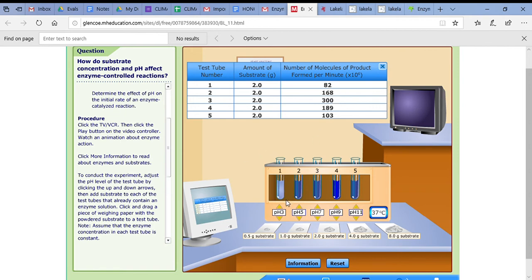So far, the trend has been the highest amount of product at pH 7, a little less as you go down, or much less as you go down the pH scale and up the pH scale. And ask yourself, what is the relationship between the amount of substrate that you're adding and the amount of product that you make? All right, so far we've seen a trend.